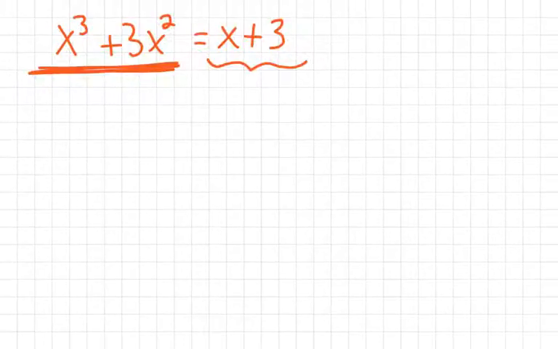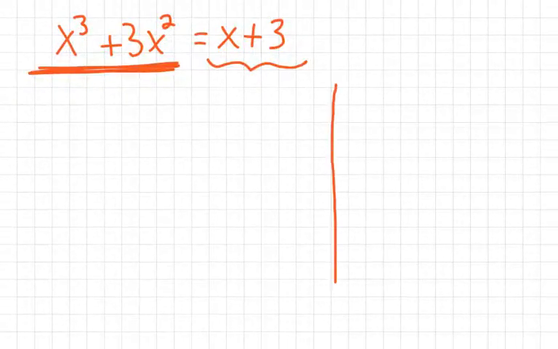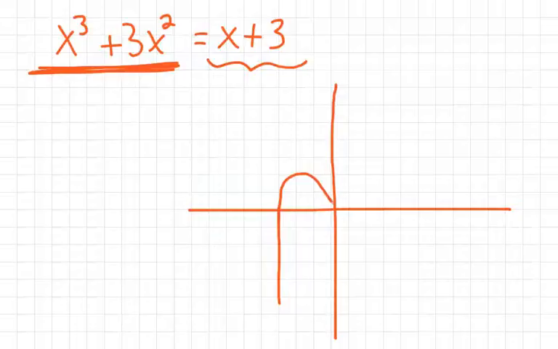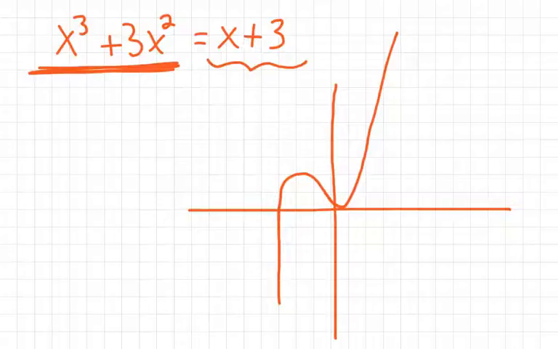So I'm going to draw my axes first. And my function looks something like this. There's my cubic side of the equation, and my linear is going to look like this. Actually, we can just graph that. We know how to graph a line. So we start at positive 3 and go up 1 over 1, up 1 over 1.